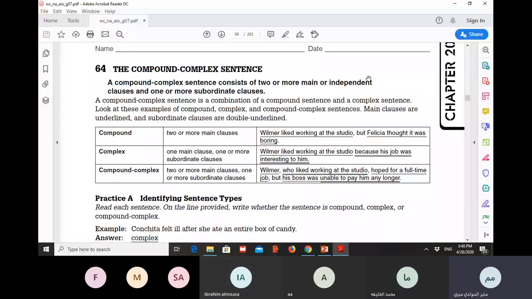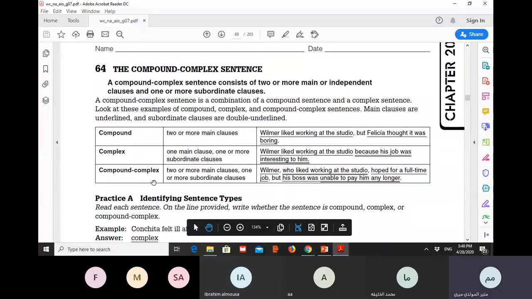For example, look at the second one in the table: Wilma liked working at the studio because his job was interesting to him. This is a complex sentence. Why? Because we have a main clause and a subordinate clause, introduced by the word because, which is called a subordinating conjunction. And that part that is double underlined cannot stand by itself.